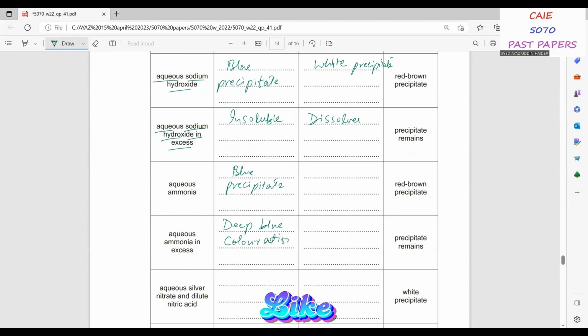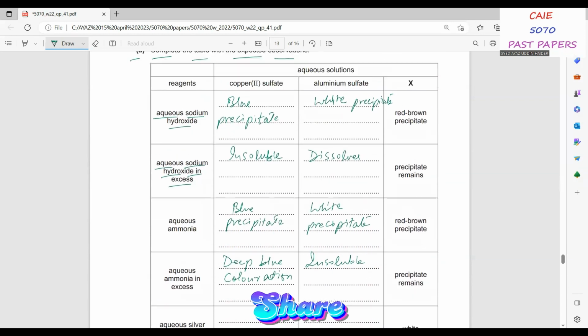For aluminum sulfate, we'll get a white precipitate and it will be insoluble in excess. The result for X is shown on the right hand side.